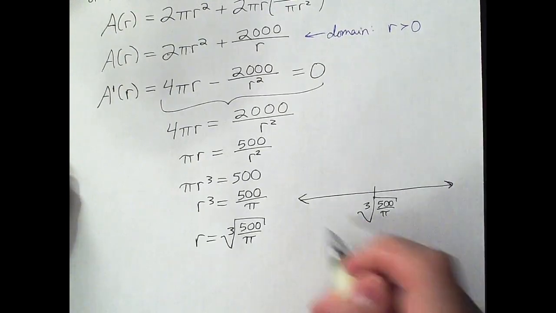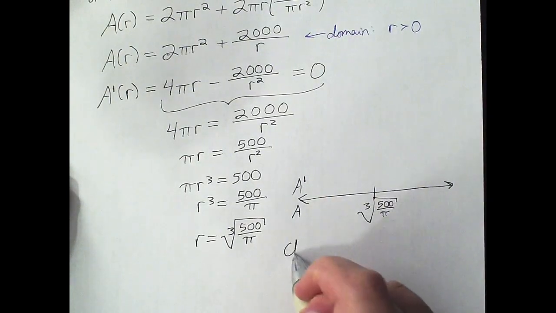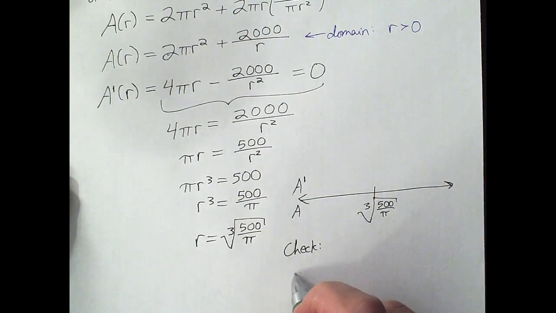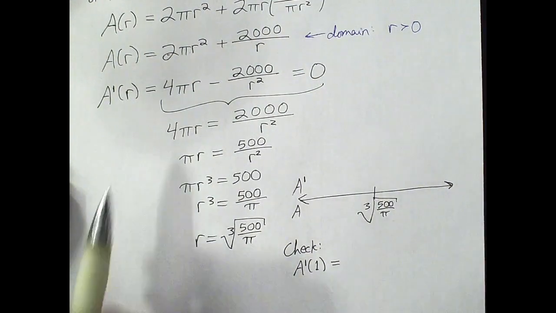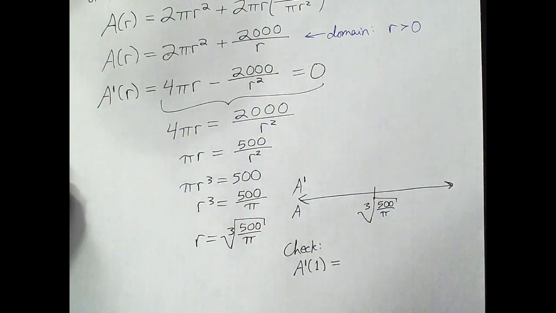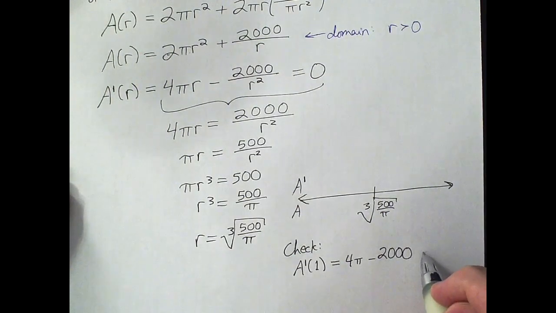Let's check A prime. Let's use those values, actually. A prime of 1: 4 pi minus 2,000 over 1. So, yeah, this is definitely negative.